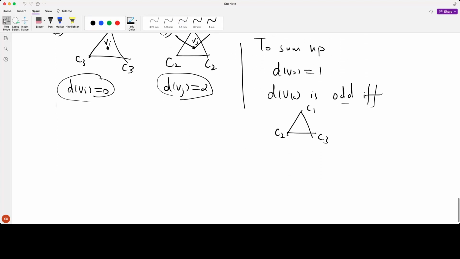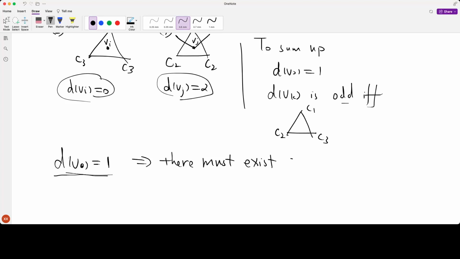However, we know that V0 has degree 1. So we conclude, so we use this proposition again. The number of vertices with odd degree must be even. We already have 1, so it means that there must exist some vertex Vk such that the degree of Vk is odd.